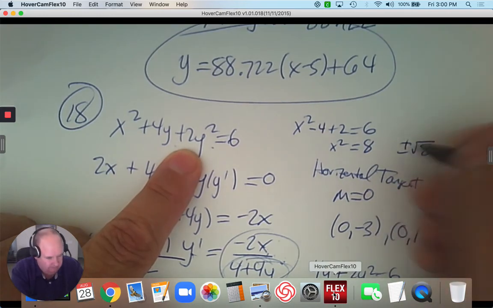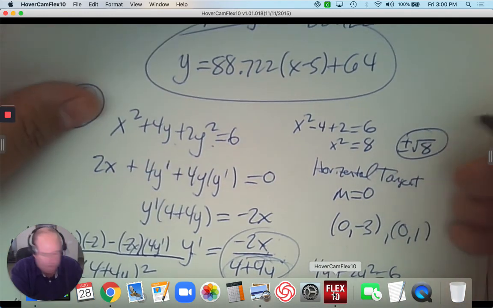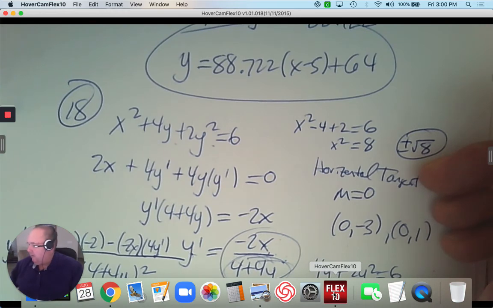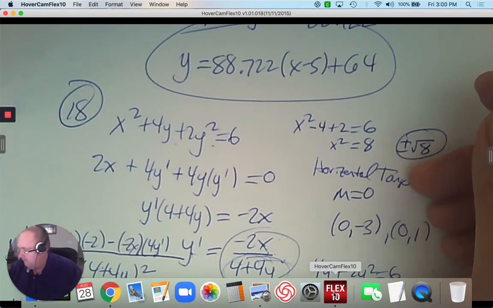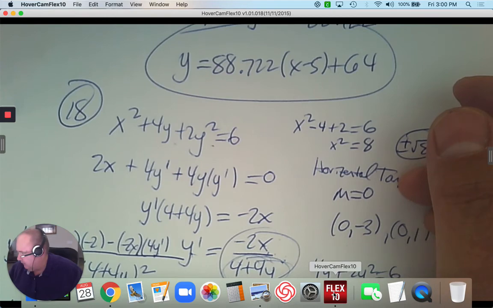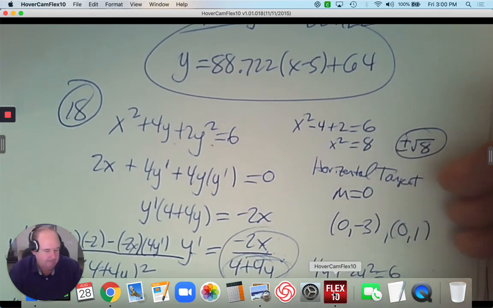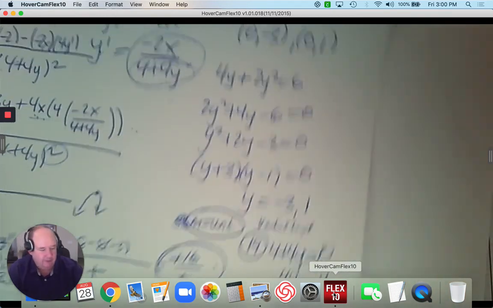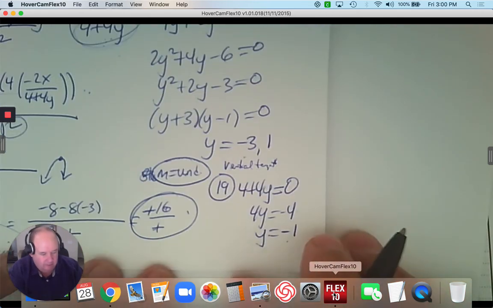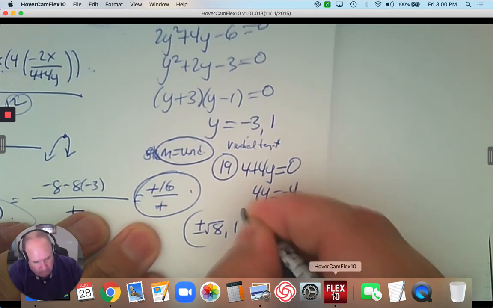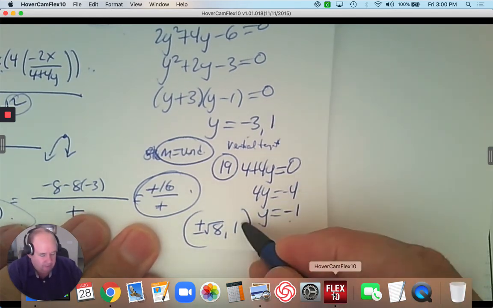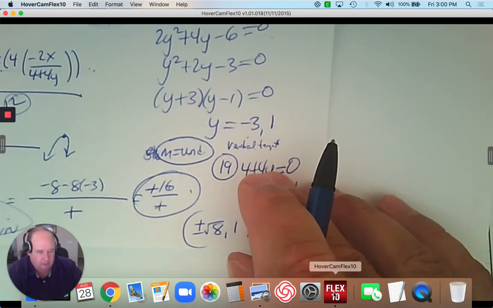So there are 2 points. Just check with my answer key, make sure I'm telling you the truth. So positive and negative root 8. Yep. So for number 19, where are the vertical tangents? It's at positive and negative root 8 and 1. So 2 of them, one at positive root 8 and 1 and one at negative root 8 and 1.